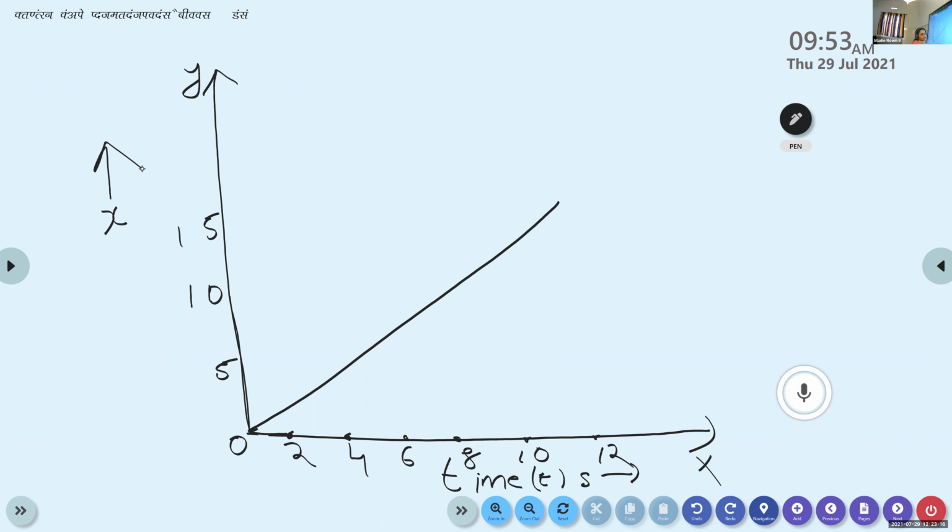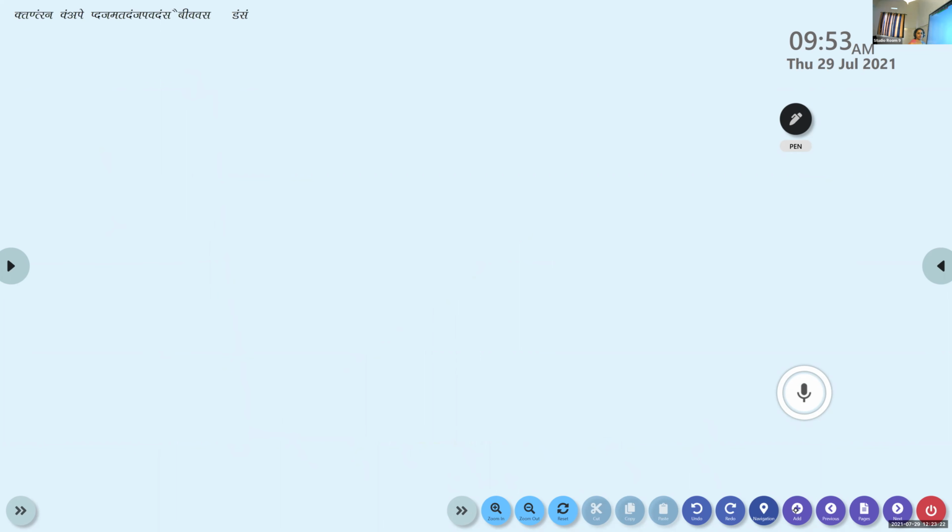Now, what is the equation for calculating the velocity? What do you mean by velocity? All of you have forgotten. Yes, velocity is displacement by time.